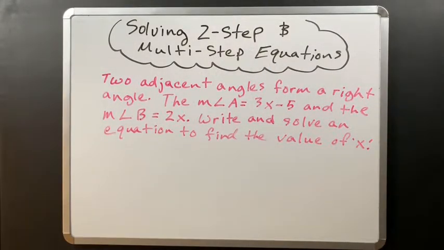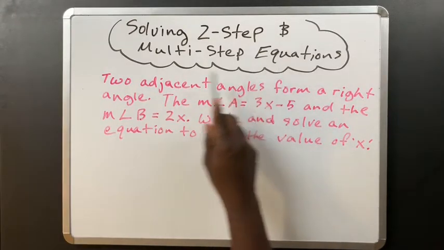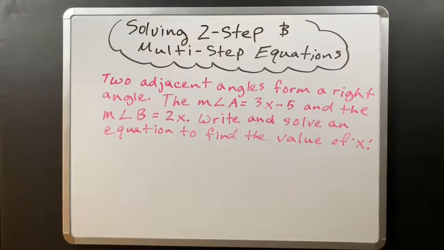Hey, this is Math Minutes Pro with Dr. Harrison, and today we're going to talk about how to solve a two-step and multi-step equation, but in this case we're going to be dealing with a word problem. All right, so let's go ahead and talk about our process first. First, we're going to read the word problem, and we're going to read it again, and then after that we're going to identify either the question or what they're asking us to do.